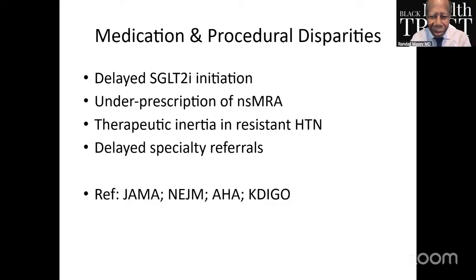It causes silent damage very slowly, but it's not reversible. So it's important to treat that high blood pressure at once. And when I see people with high blood pressure, I have them come back in 1 or no more than 2 weeks to see if I'm getting control. You have to monitor that very much. Next slide.